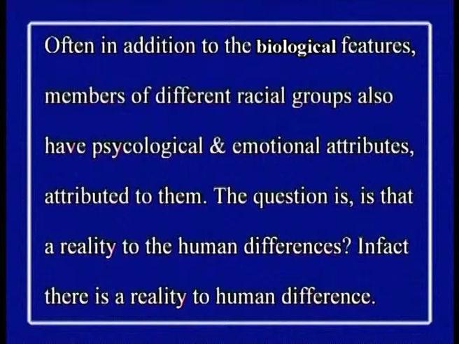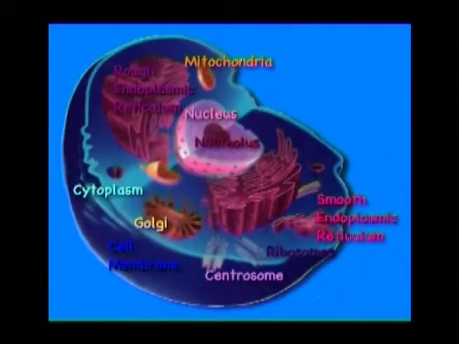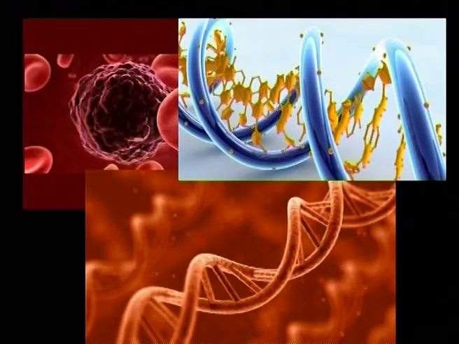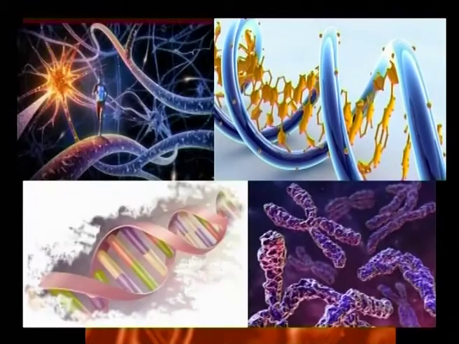In fact, there is a reality to human difference. There are all sorts of differences amongst humans. And we are all aware that people vary in facial and body features. We also know that these differences extend to the genetic materials themselves. In other words, such differences are biological and could be identified genetically.